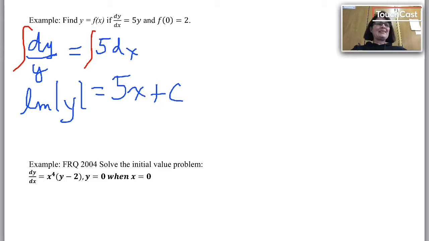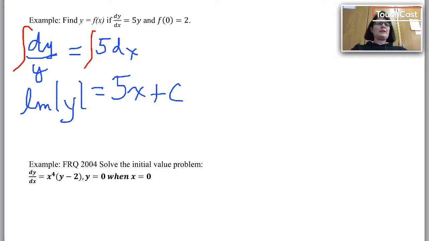The next step I like to take, okay, I'll do it in the regular order. The order that I like here, I'm going to say that the natural log of, do I know the natural log of 2? Might not like that. This one, I think we're going to wait and find the c a touch later. So let's do this. I need to get my y out, but my y is stuck inside absolute value bars, which is stuck inside a natural log.